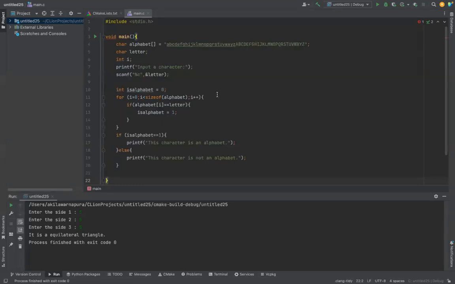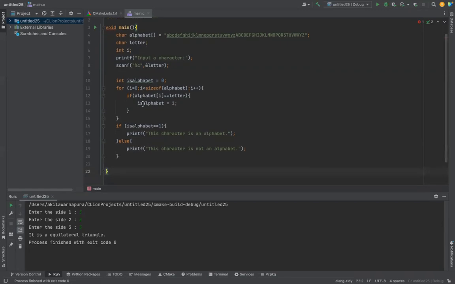The alphabet, letter, int i, input character, and letter is alphabet 0.